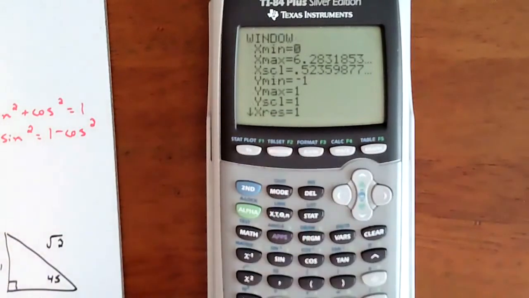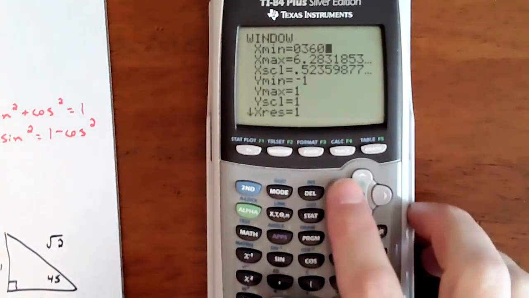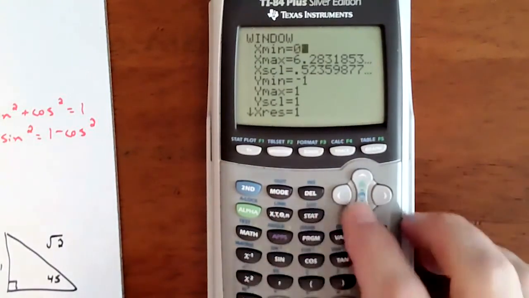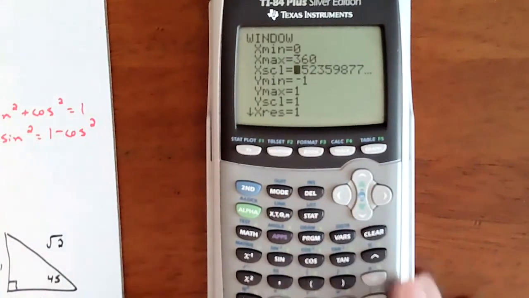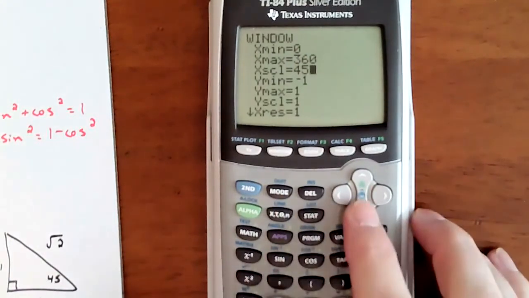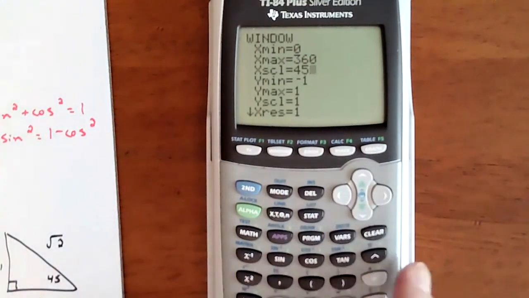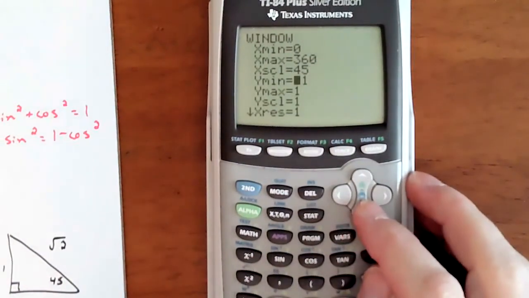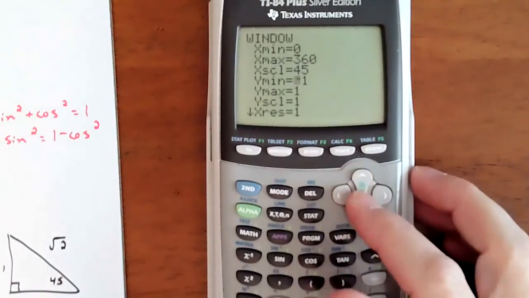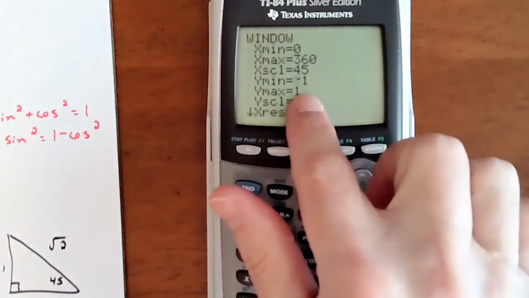My window, I want to go from 0 to 360. Let's try that again. 0 to 360. And then I want to go by 45s. So if I go by 45s, I can kind of count to see my 45s and kind of match everything. And I'm looking for x-intercepts, so I don't really care about the rest of the graph. So I'm going to focus around those points.